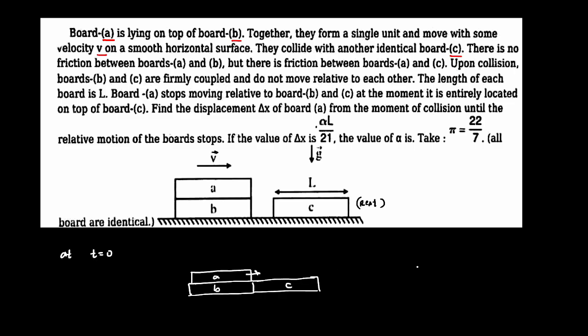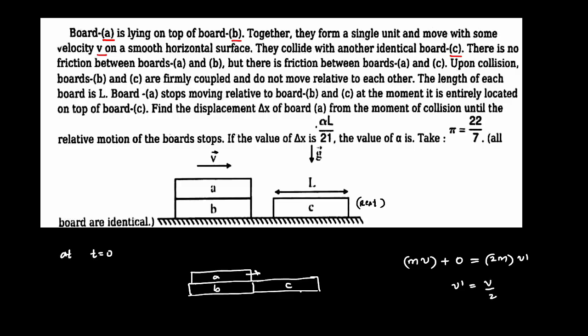From conservation of momentum, board B is moving with some velocity, say V. So m times V is the momentum carried by B, and C was at rest. Now together, B and C are moving with some new speed, which I will call V dash, being equal to V by 2.